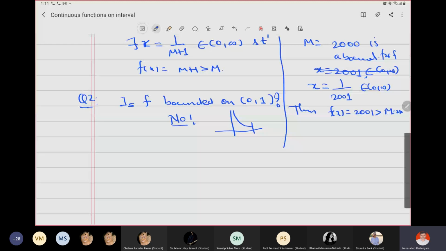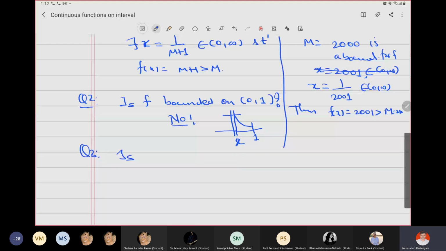Unless you avoid 0, the situation will not change. By the same reason, given any M, I can choose x which is very close to 0, at which the value of function is greater than M.